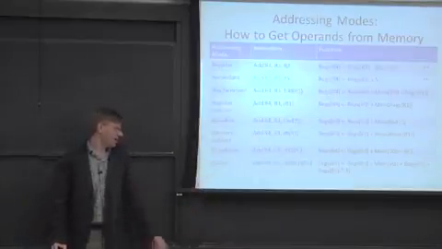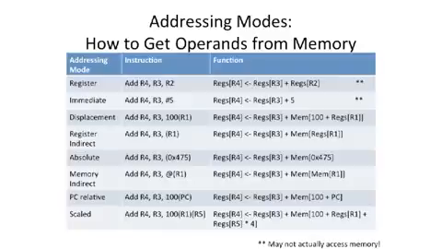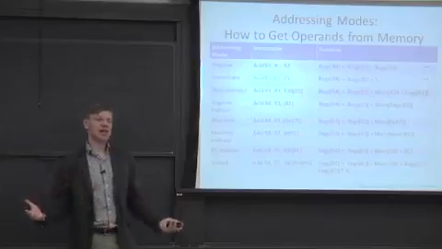You can also have scaled. This is something that x86 has, where you can take a register and add it to another register multiplied by something else. In x86, this is called SIB, scaled, index, and base mode. So you can take a displacement, add it to 2 registers, and multiply. This is very useful if you're trying to index through an array of some size.